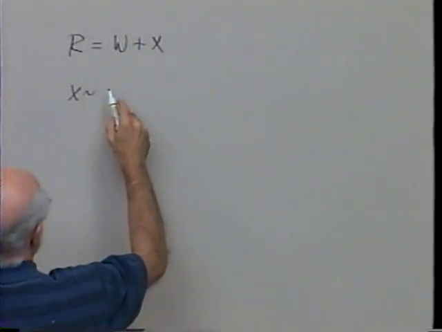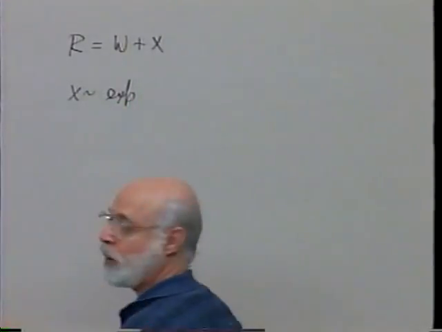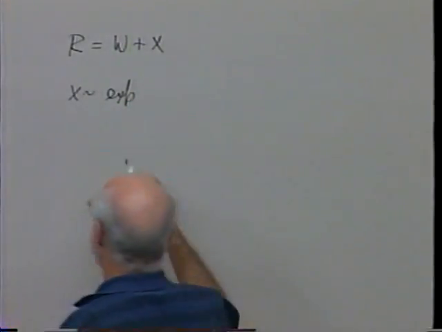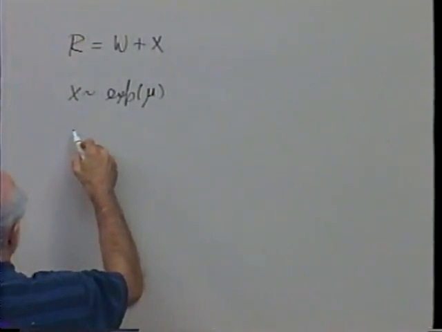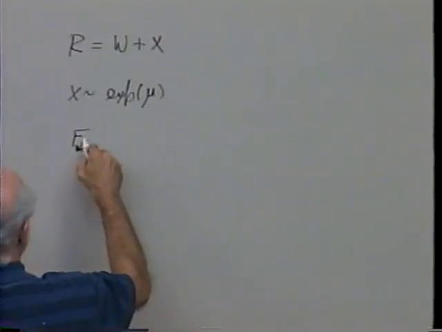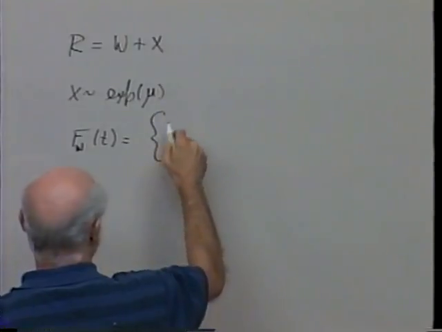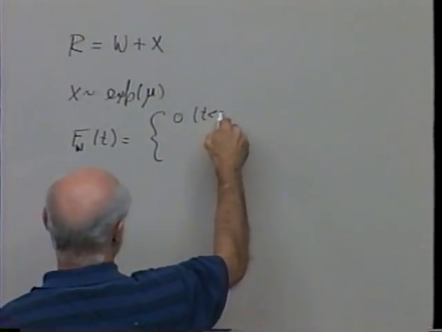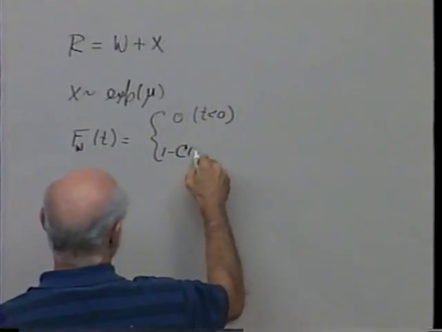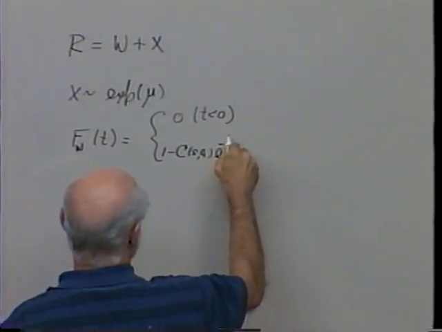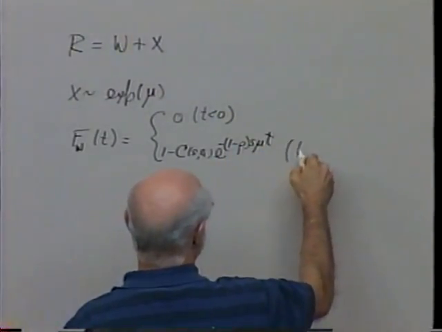So X was exponential with some parameter, I don't care what it was. It was a service time, right? So let's say exponential with rate mu. And W had this distribution function. The distribution function of W evaluated at t was equal to 0 if t is negative, and 1 minus C of S, A times e to the minus (1 minus rho) S mu t for t not negative.